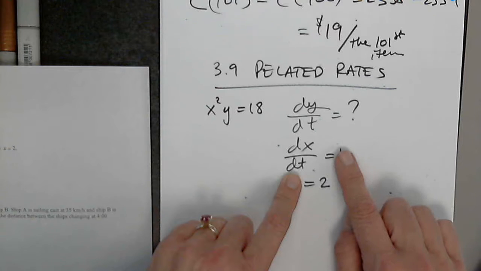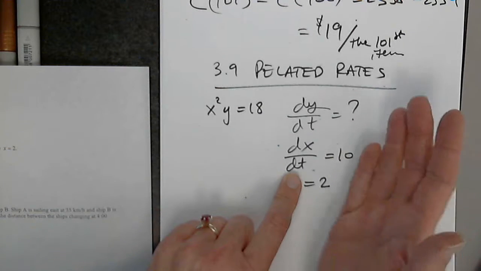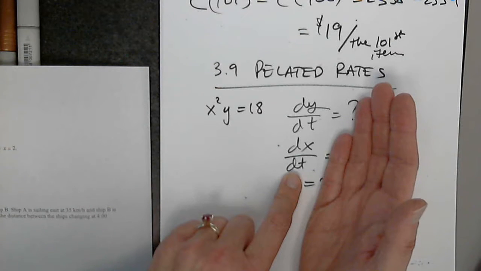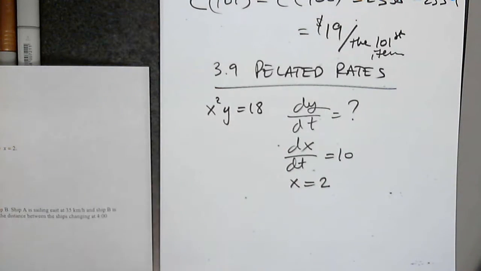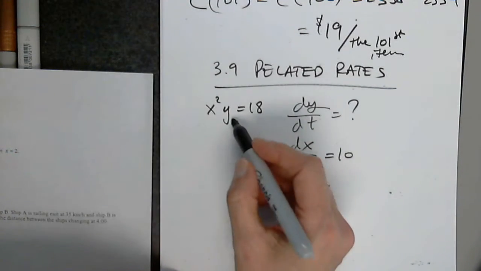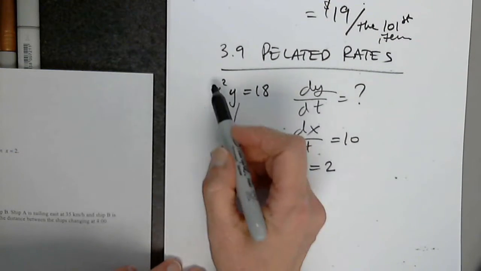What does this mean? Forget about the number. x is also a function of t. So there are two functions in here, x and y, and they are both functions of a variable called t.